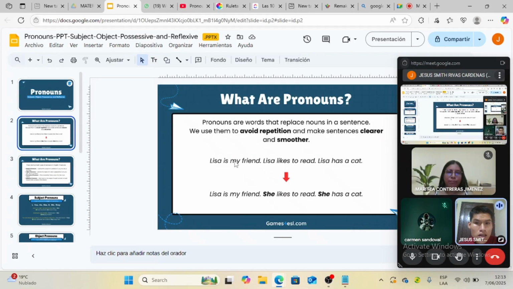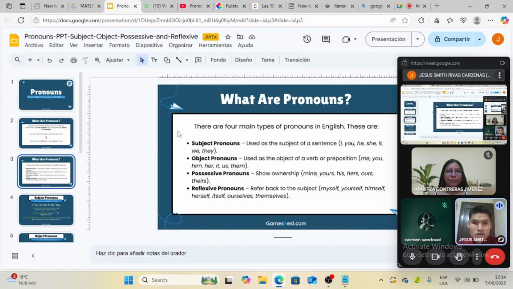As you can see in the first sentence, the noun Lisa is repeated 3 times, and when you repeat a noun in a sentence, it sounds less smooth, and it is also very unnatural when you speak with another person. So we use subject pronouns to sound better at speaking English.